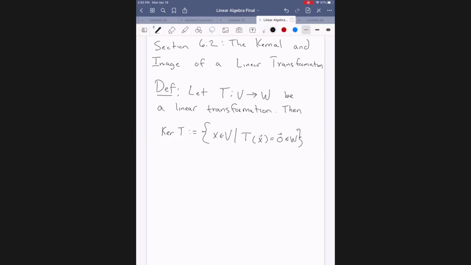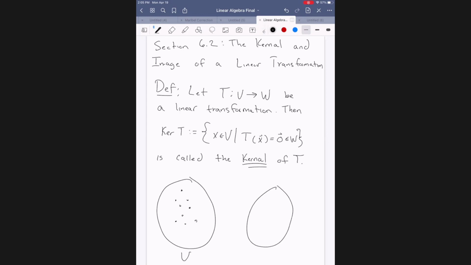So this is called the kernel of T. Okay, so again, the picture goes like this. If you think of every vector, so here's V, here's W, and here's the 0 vector.